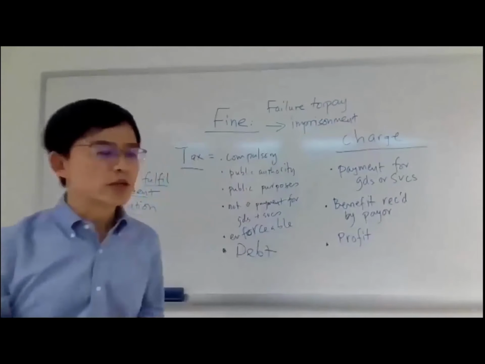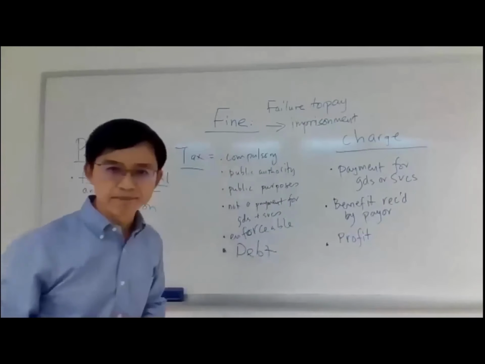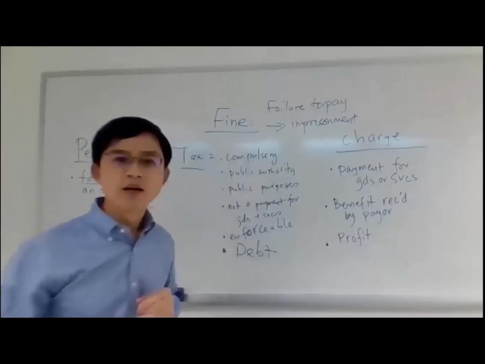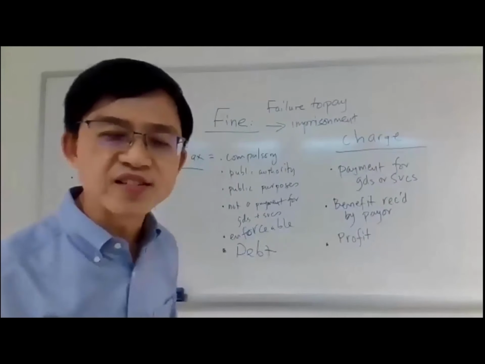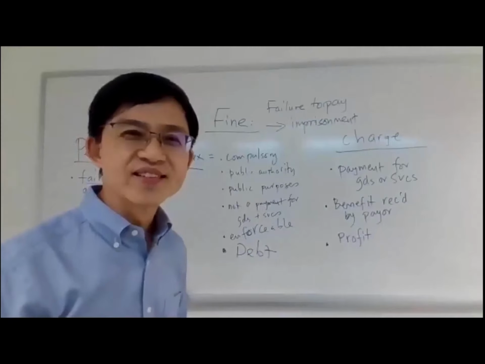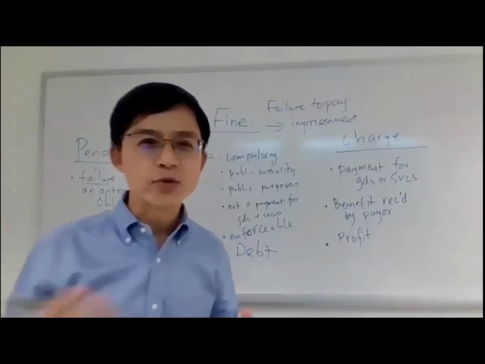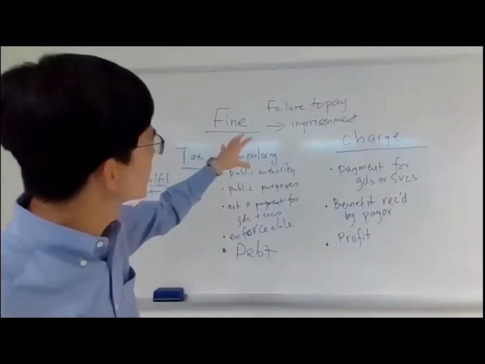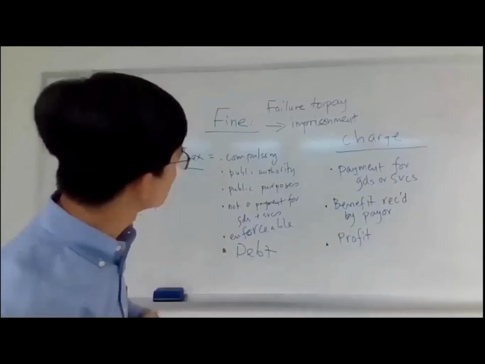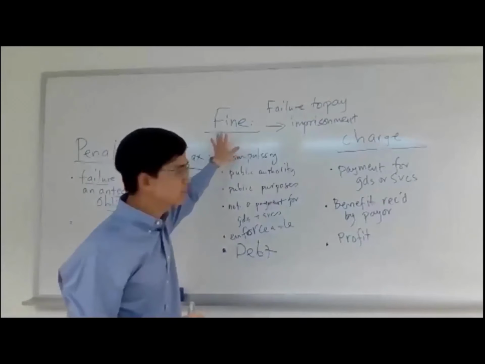All right. So here we have a key difference between tax and a fine. So the failure to pay the fine, there is usually a conversion rate. It's like a currency exchange rate. So if you fail to pay a $10,000 fine, you could end up in jail for 3 months. So there is a conversion. So it can be converted into a term of imprisonment, the failure to pay the fine.